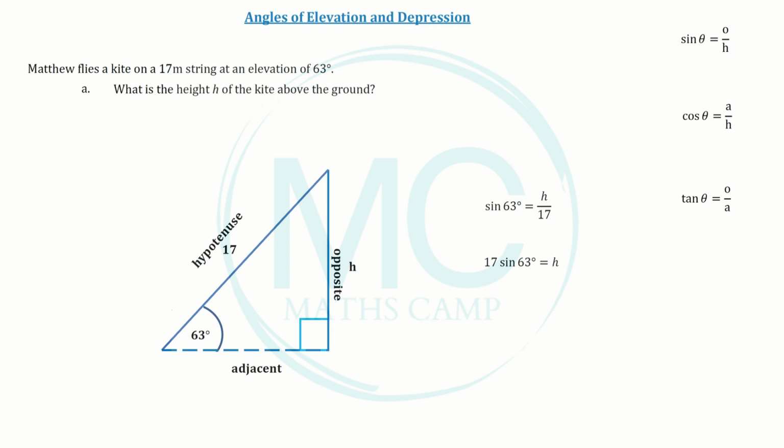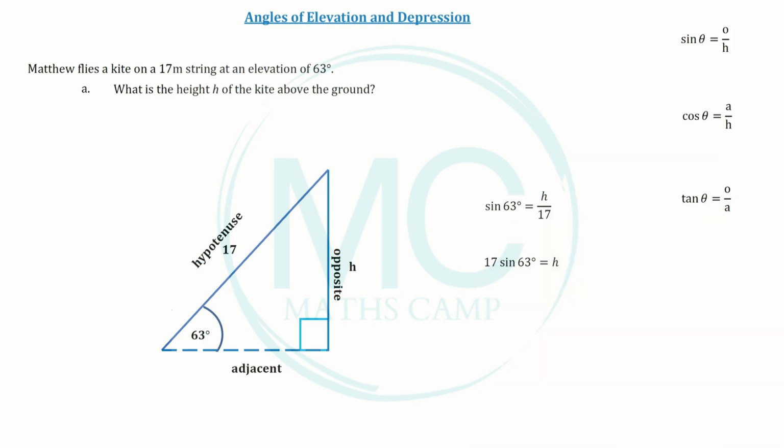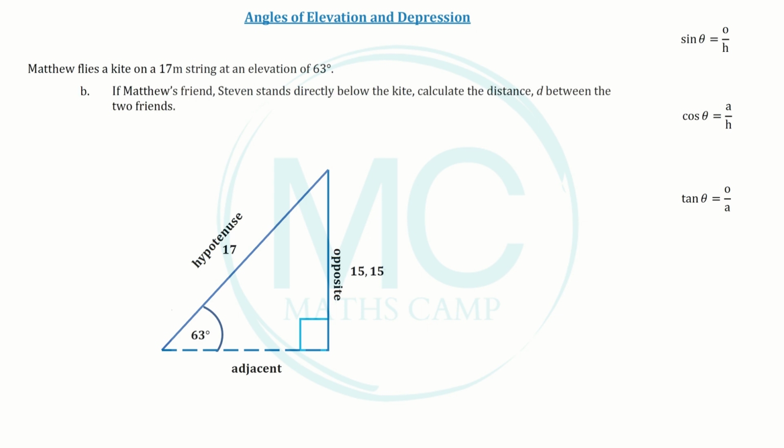And now we can take our calculator, and we say 17 multiplied by sine 63 degrees, close the bracket, is equal to 15,147. Let's round off to 2 decimal places, and we see that h is equal to 15,15 meters. Now we can make some space and put the length of h into the diagram.